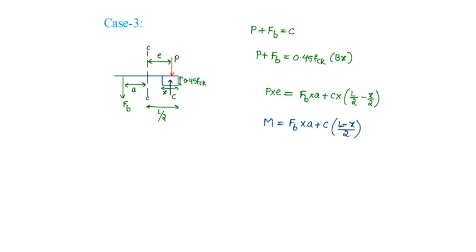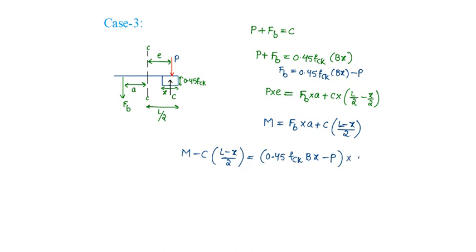Taking this to the other side, M minus C into (L by 2 minus X by 2) equals FB into A, where the force in the bolt from the earlier equation is 0.45 FCK B into X minus P. So substituting that here, 0.45 FCK into B into X minus P, into A.